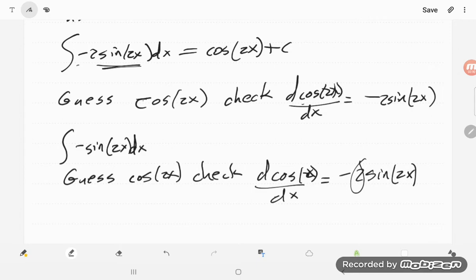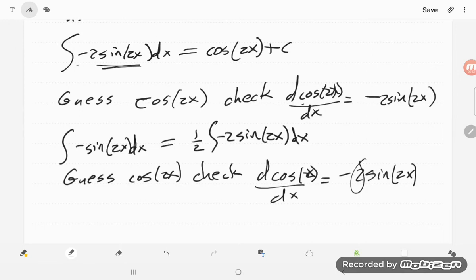Oh, but I could fix that by just changing this problem to be 1/2 times minus 2 sine of 2x dx.